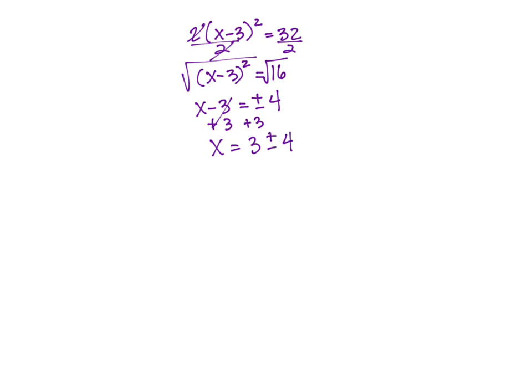If x is equal to 3 plus 4, that is 7. If x is equal to 3 minus 4, that is negative 1. So I've got 2 roots: one at x equals 7 and one at x equals negative 1.